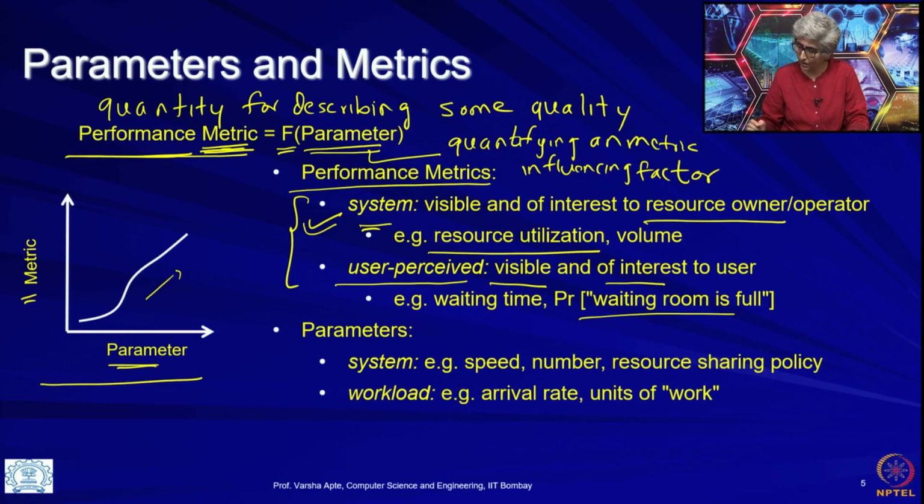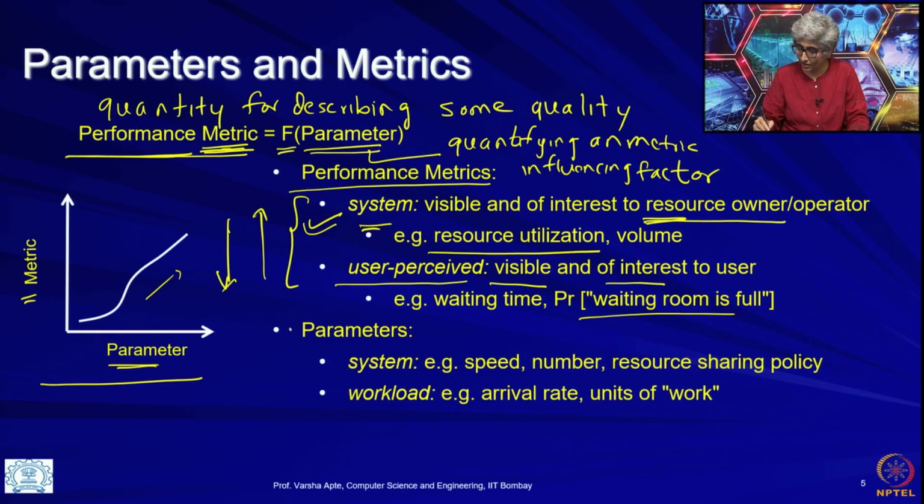So, that is not good. System operators often want their resources to be highly utilized. Users like the resources to be idle so that they do not have much waiting, right. So, there is a bit of a conflict between what a system owner wants and what a user wants.